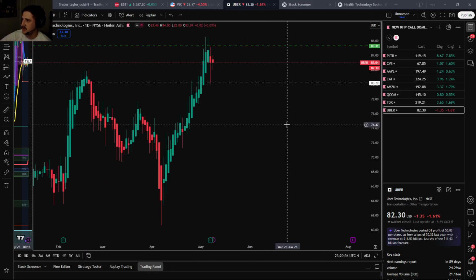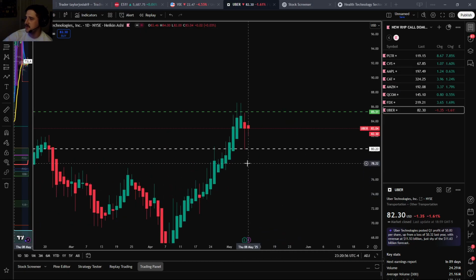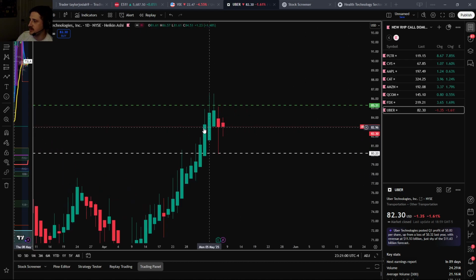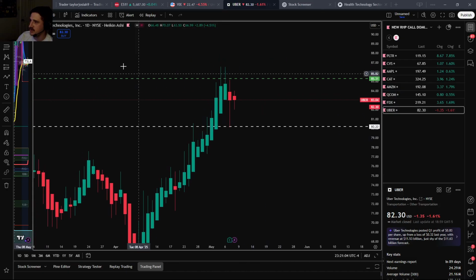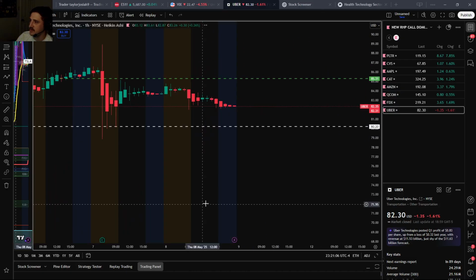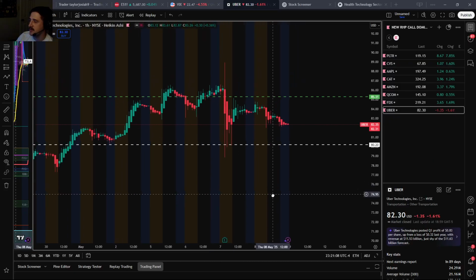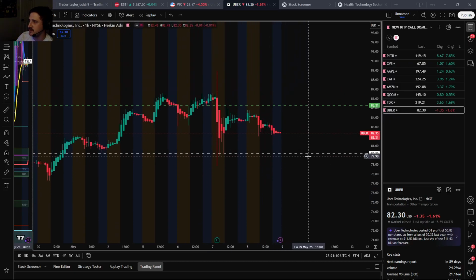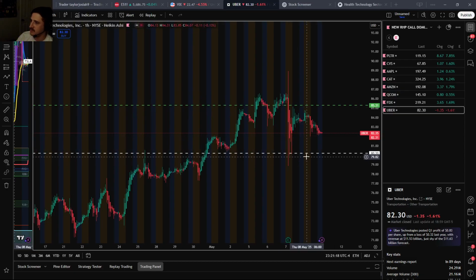I'm generally bullish on Uber overall, considering the sector rotation. We did a little run on liquidity, which is nice. We're holding above this, and this would be my optimal trade. We're at 80. Getting below 80.23, this is where my stop loss would be.